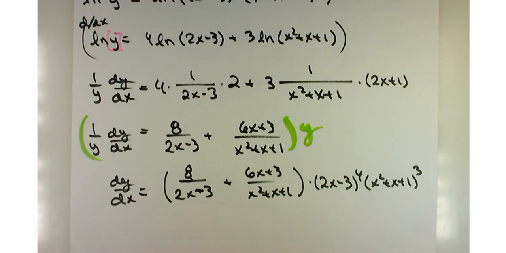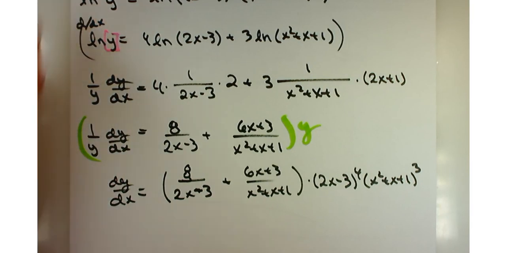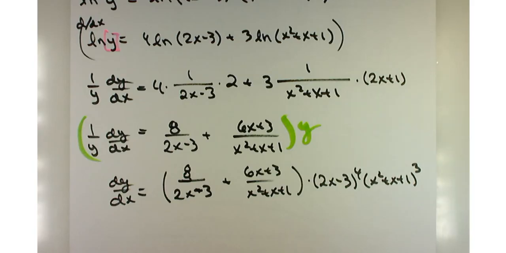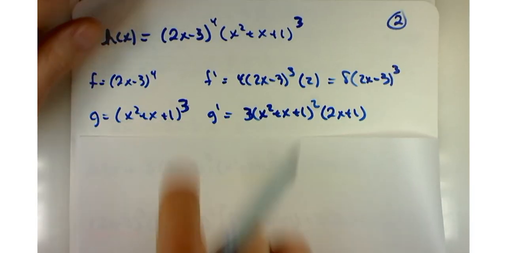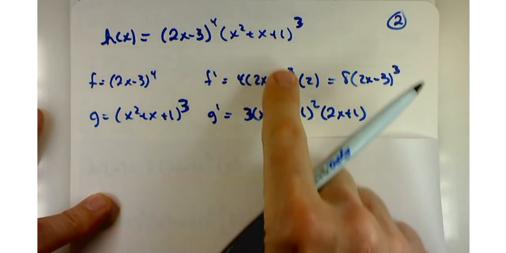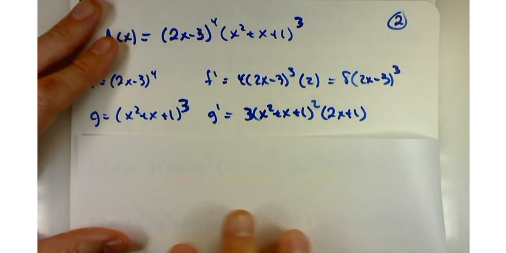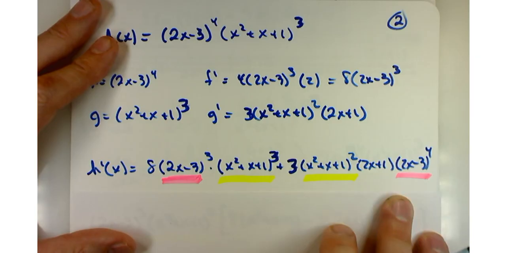Now, Audrey, this one was yours. Let's compare it back to all the work we did with just the product rule and the chain rule a little bit before class. So we started out by calculating, this is f and this is g. We got f prime and g prime. And we put it in the product rule.